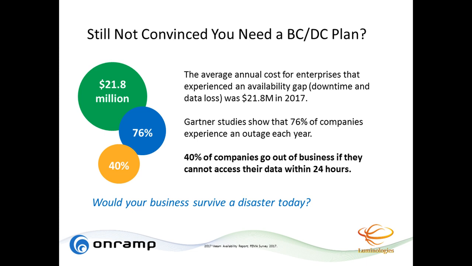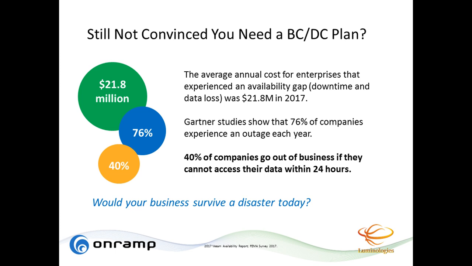So if all of that hasn't persuaded you of the importance either to have an up-to-date disaster recovery plan or to get one going for the first time, maybe the cold hard facts can help a little bit. These are numbers from analysts. In 2017, the average cost to a business, average across small to large businesses, was about $22 million.